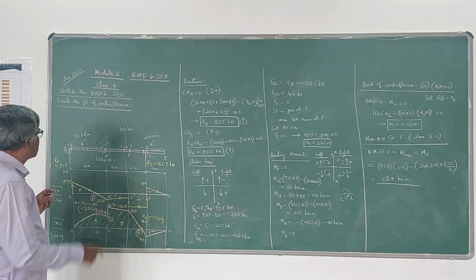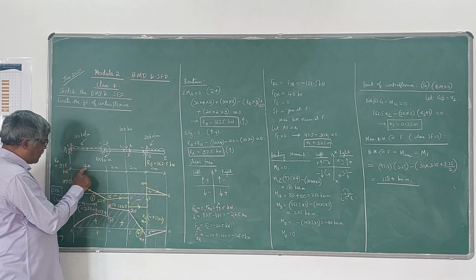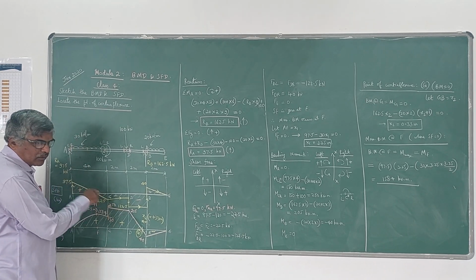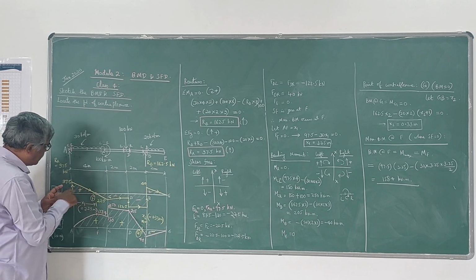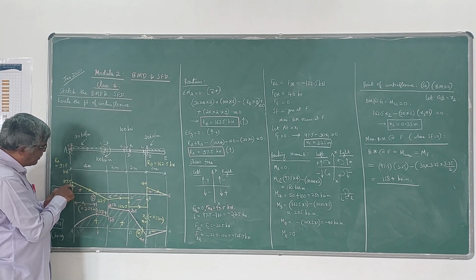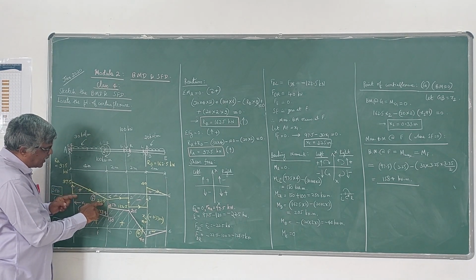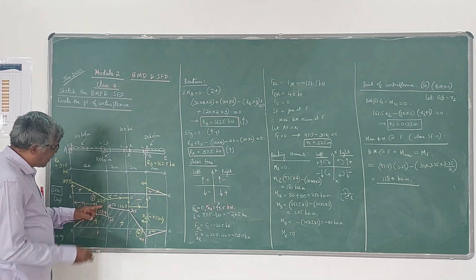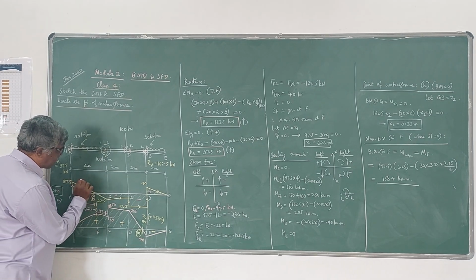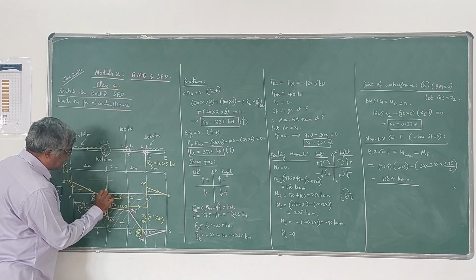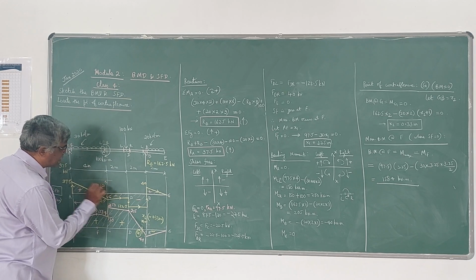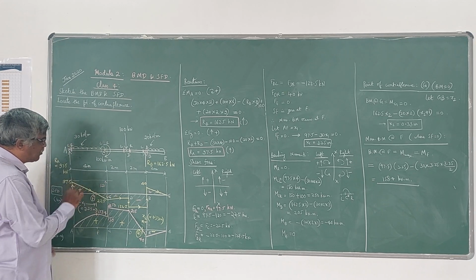How much? It is 30 into 4, 120. You have to come down because it's acting downwards. Already we have 97.5 minus 120, which becomes minus 22.5. From here to here is 120, that represents the UDL portion.